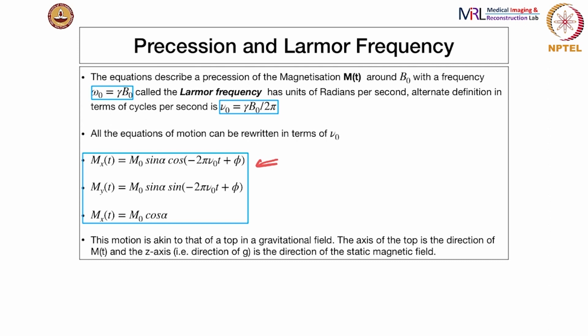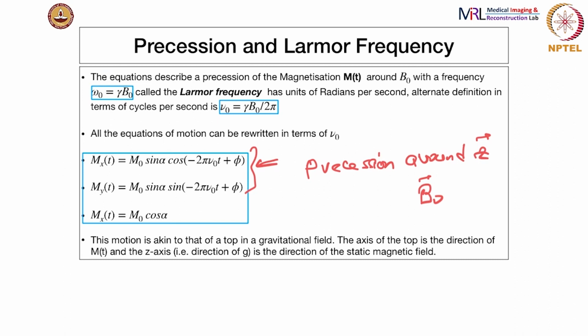So these two equations mean that there is a precession around z, which is the same as the direction of the B0 field. There is a precession of this magnetization around the direction of the applied static magnetic field.